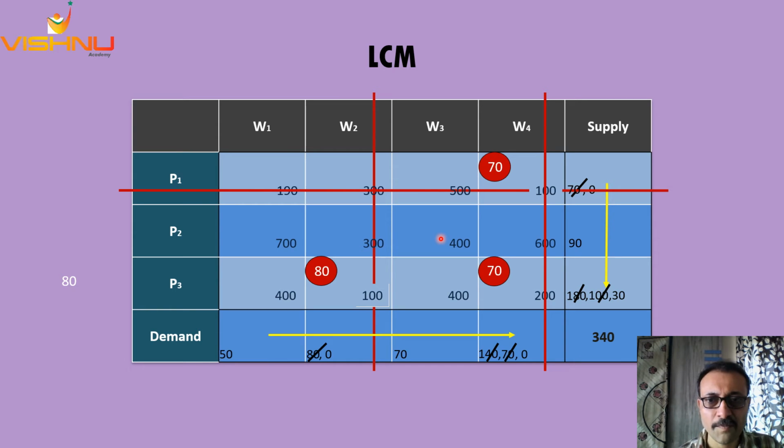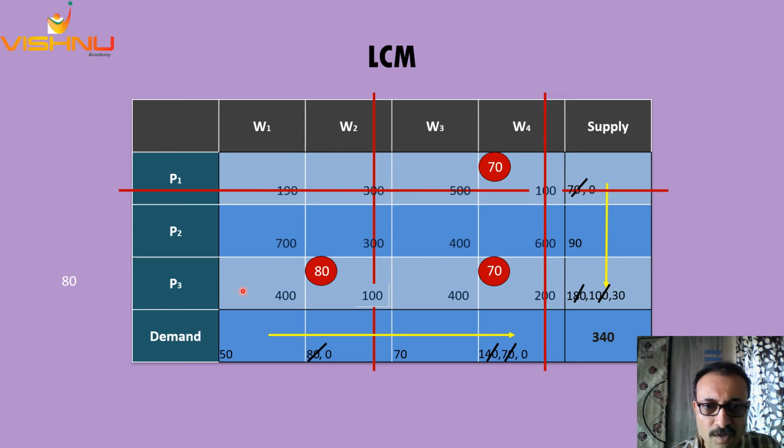Simple. We repeat the same exercise which we did for the first allotment, where we had a situation with 2 cells with the same cost, that was 100, right? So we repeat the same process for these 3 cells with cost 400 also.